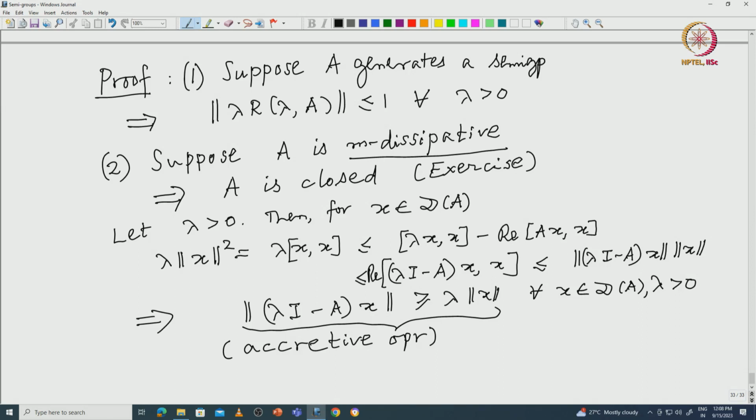Different textbooks may use different terminology, so you just look at the definition and proceed. Dissipativity and accretivity may be used interchangeably.